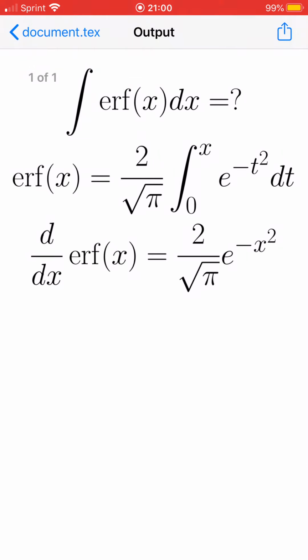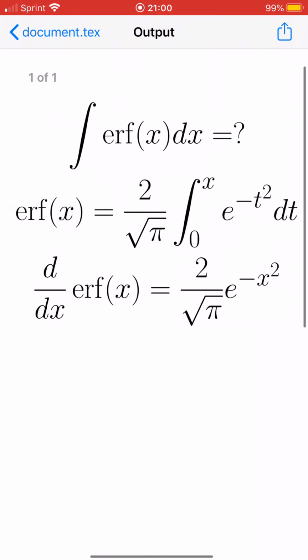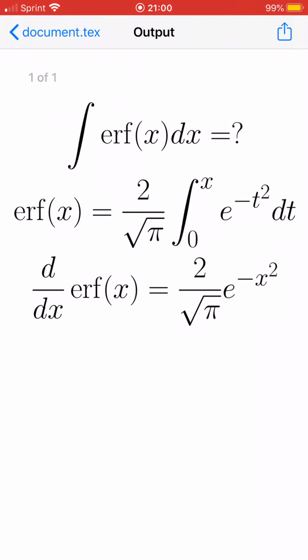So the derivative of the error function is 2 over square root of pi times e to the negative x squared. And now we're gonna find the antiderivative or the indefinite integral, whichever one you like. We're gonna find the antiderivative of the error function by using integration by parts.